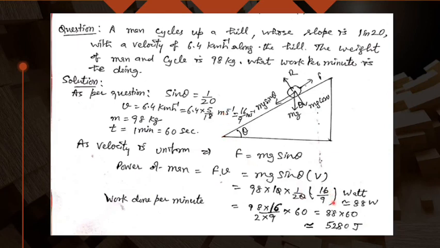I am taking g as 10 meter per second square. Sin theta is given 1 upon 20. V I have calculated as 16 upon 9.